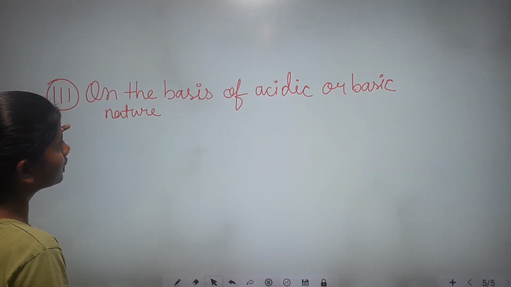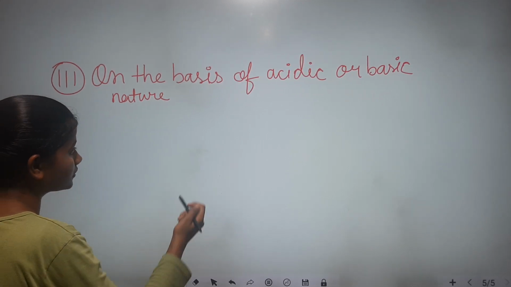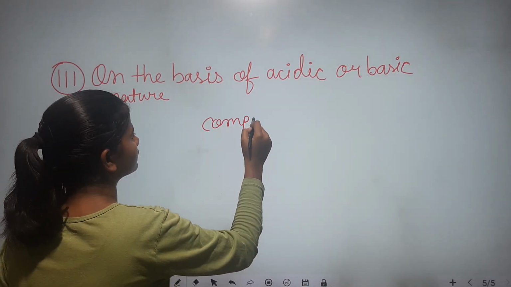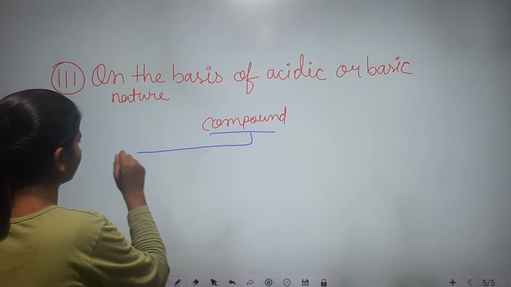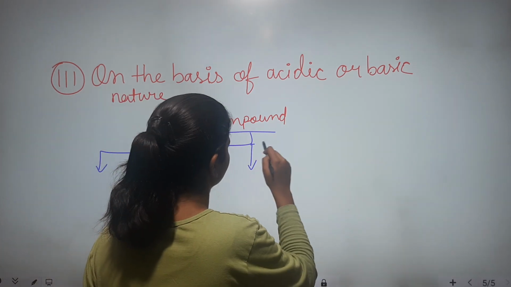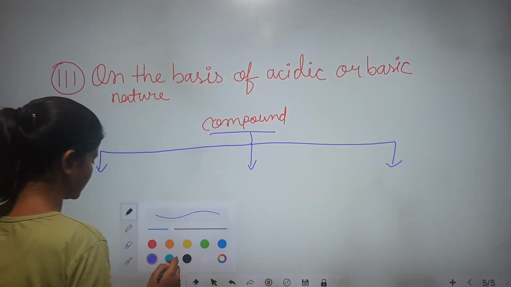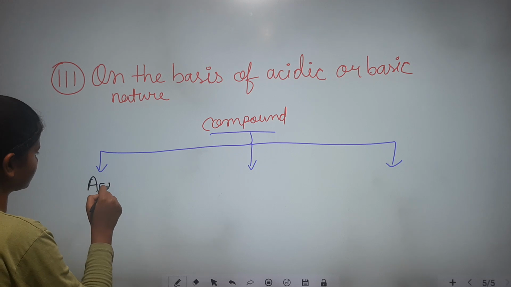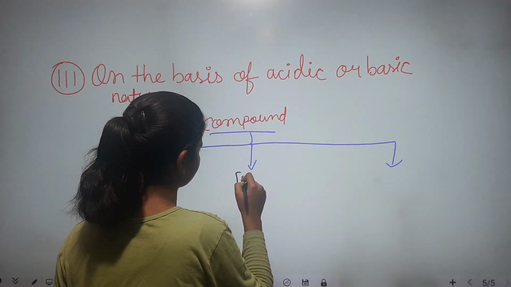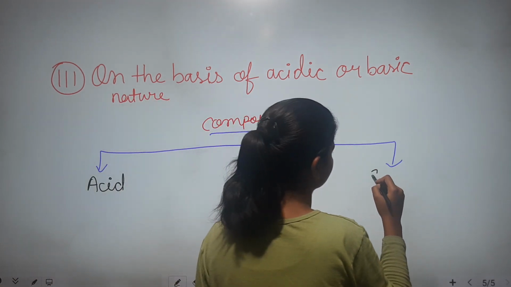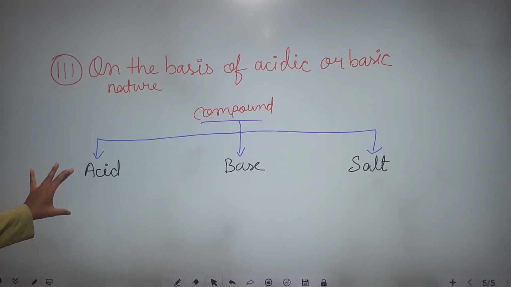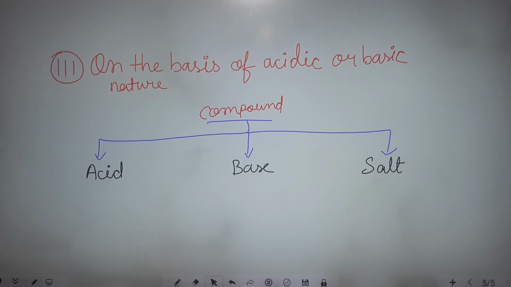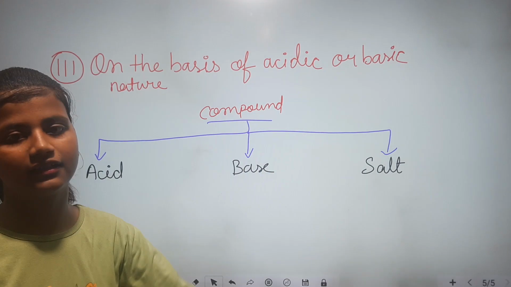Okay, on the basis of acidic and basic nature, compounds are divided into three kinds. First one is acid, base, and the last one is salt. So on the basis of acidic or basic nature, compounds are divided into three kinds: acid, base, and salt.